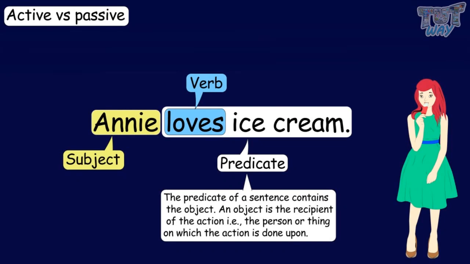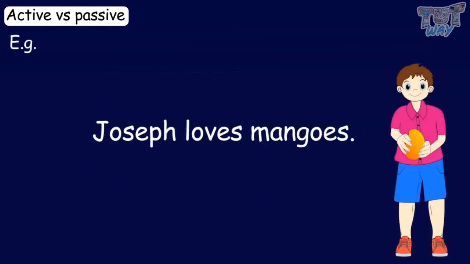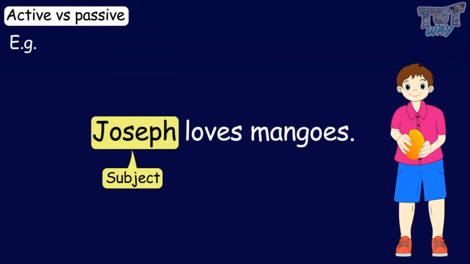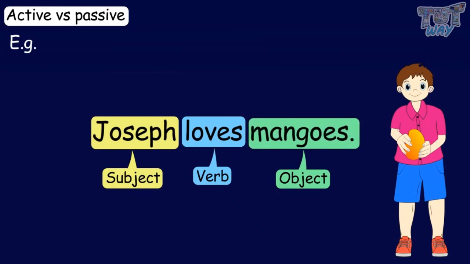Now let's consider the following example. Joseph loves mangoes. In this sentence, the subject is Joseph, the verb is loves, and the object is mangoes. Now, you can see the order in which the components of the sentence are arranged.